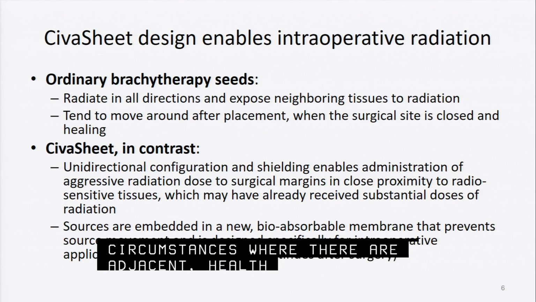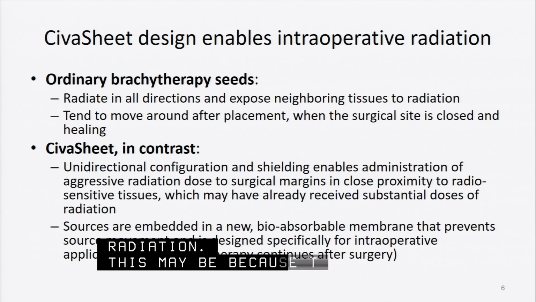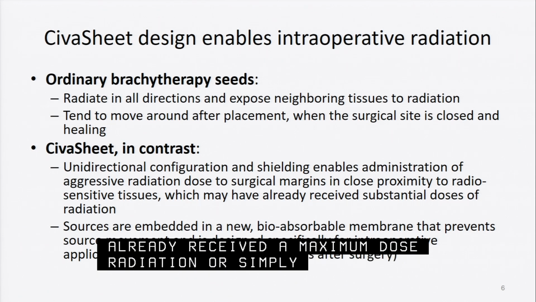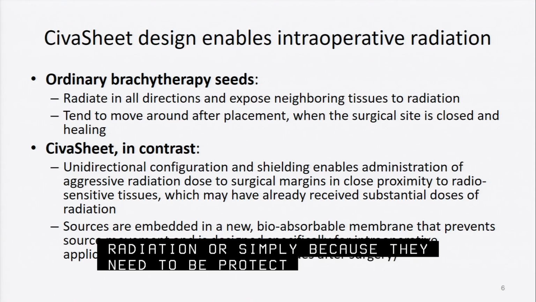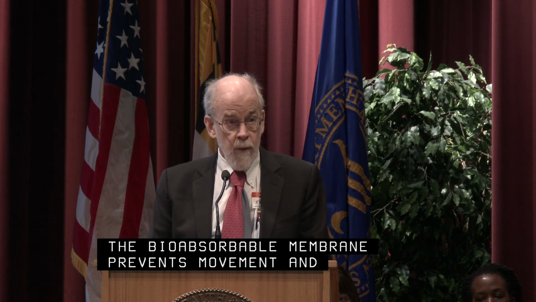This may be because they've already received a maximum dose of radiation, or simply because they are healthy tissues that need to be protected, in the neighborhood of the prostate, for instance. So the bioabsorbable membrane prevents source movement, and it was designed specifically to keep things where they're supposed to be and aimed in the right direction.